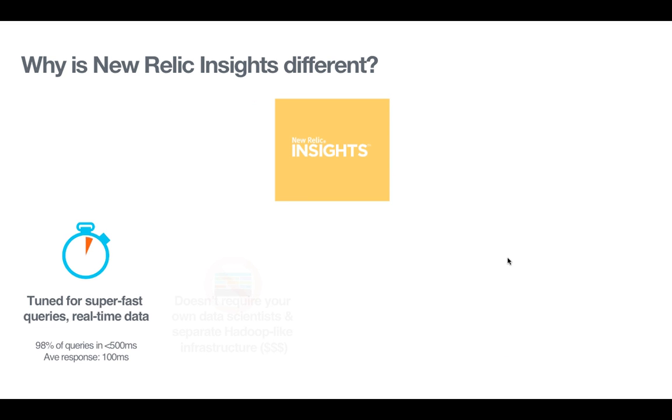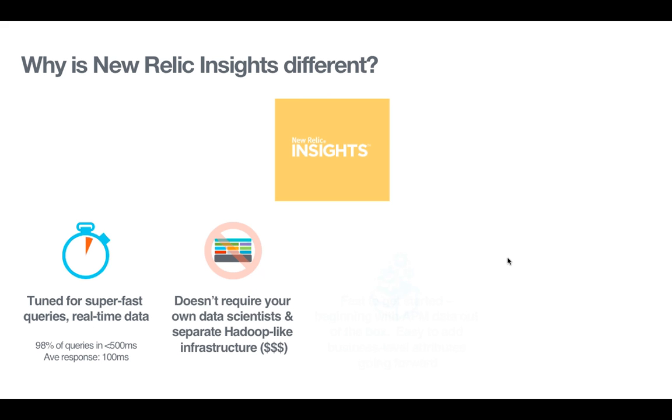Right now, we are returning almost all of our queries in less than 500 milliseconds, with an average response time of 100 milliseconds. These are really fast queries. And the nice thing is that you don't have to be a data scientist or a Hadoop expert or make any significant investments in a Hadoop-like infrastructure in order to collect, store, and query this data as quickly as you can.